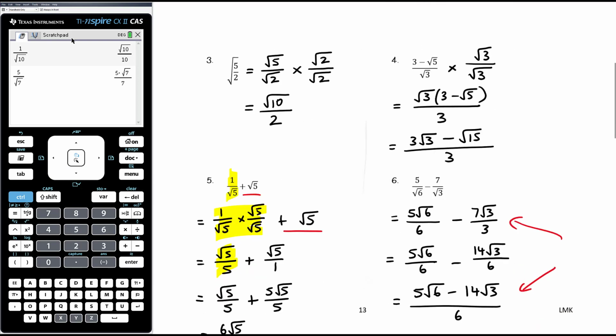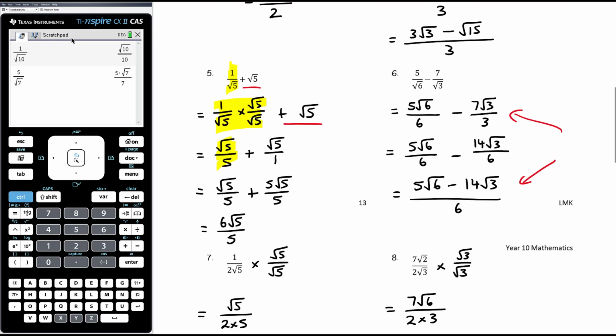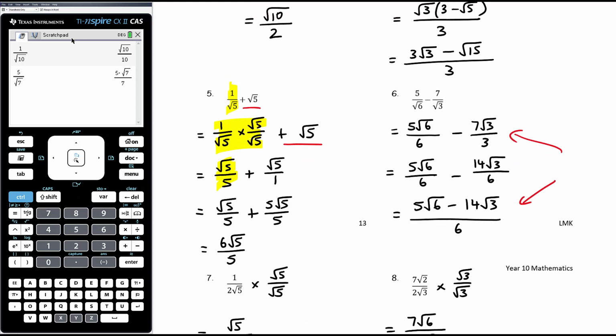If we take one of these more complicated examples, let's see what it does with example 5, because we might need to ask it to do something else here. 1 on root 5, because we've just got the two terms, plus root 5. Yep, 6 root 5 on 5. However, example 6, I suspect, let me type that in, control divide for the fraction.